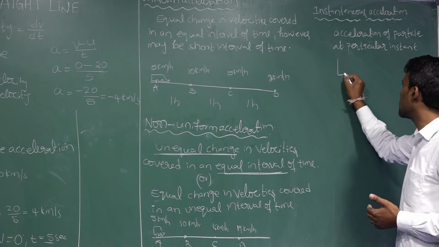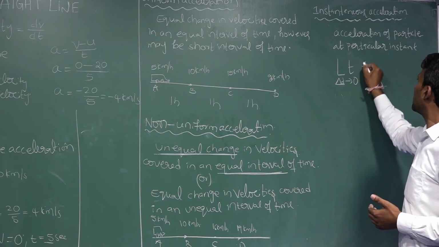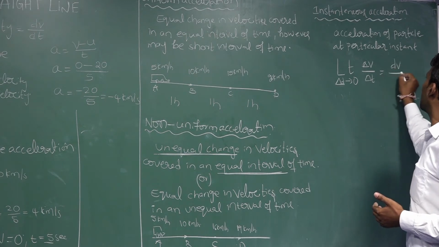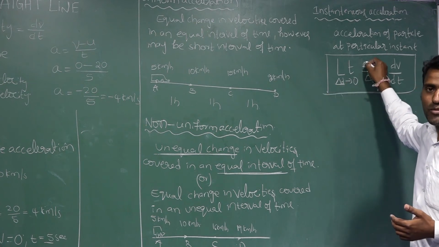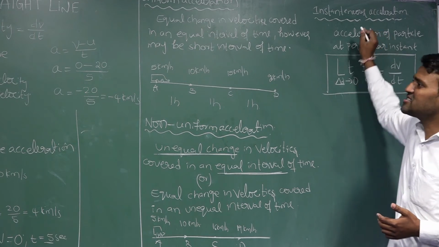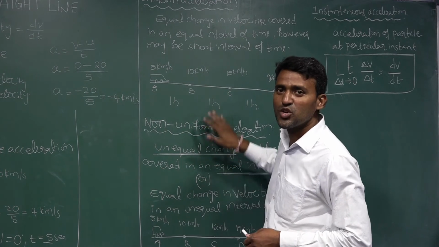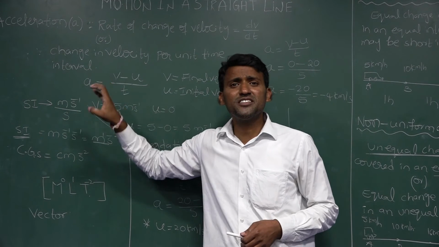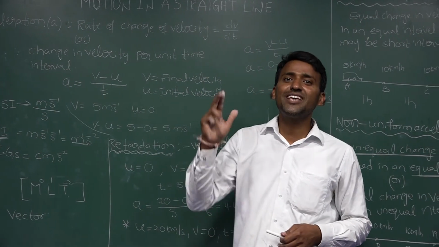Instantaneous acceleration formula is limit delta t tends to 0, delta v divided by delta t, which you can write as dv by dt. This instantaneous acceleration, non-uniform acceleration, uniform acceleration, retardation, all have the same units, same dimensional formula, same quantity.